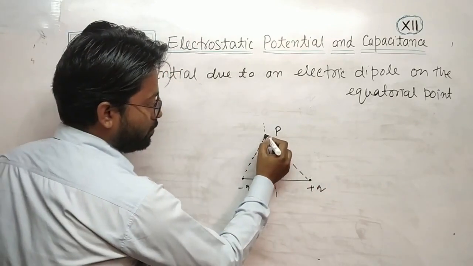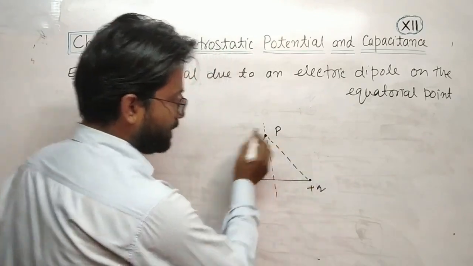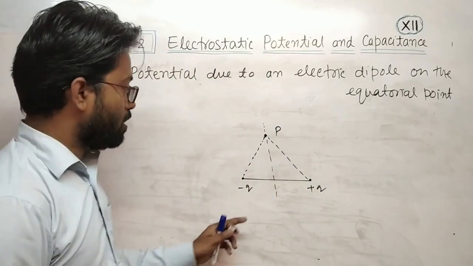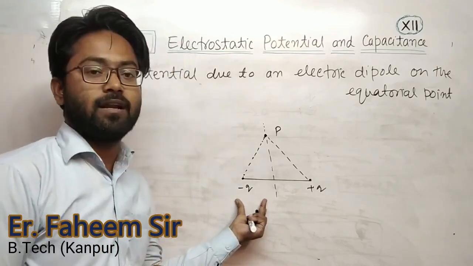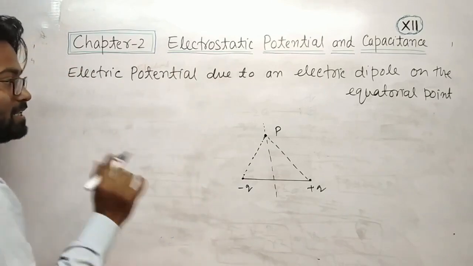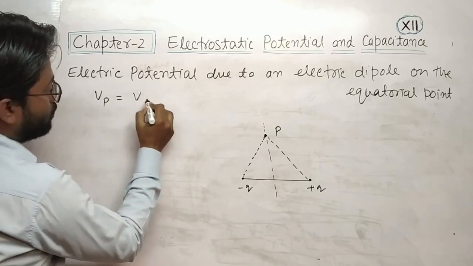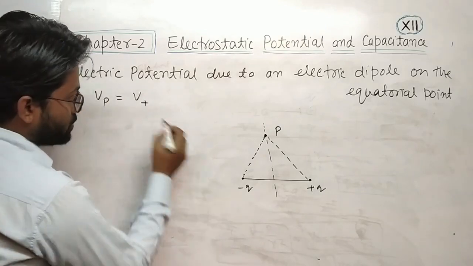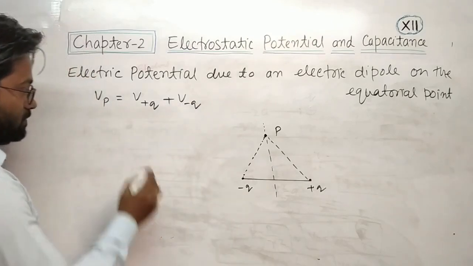That means potential due to the negative charge and by the positive charge, because electrostatic potential is a scalar quantity. That means we need to sum up with an algebraic summation, so potential at point P will be equal to potential due to positive charge plus potential due to negative charge.